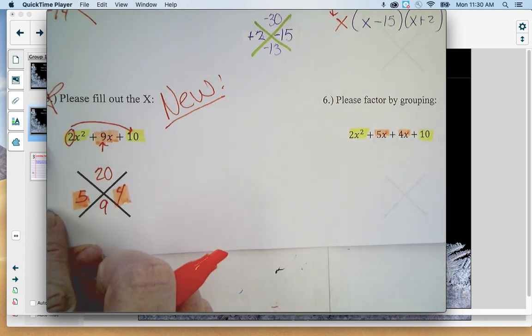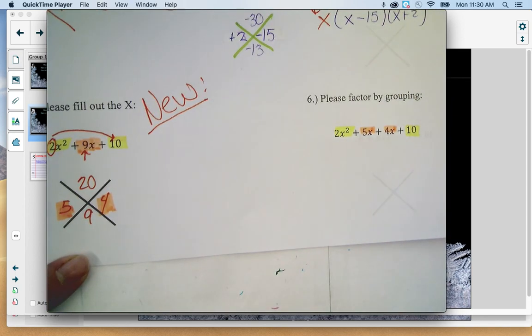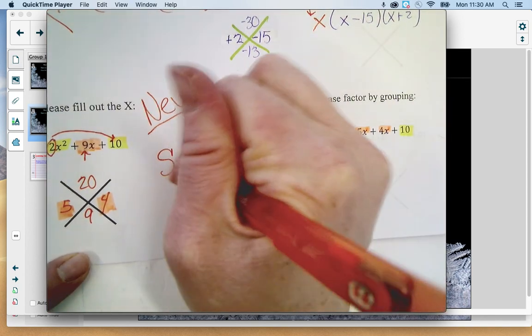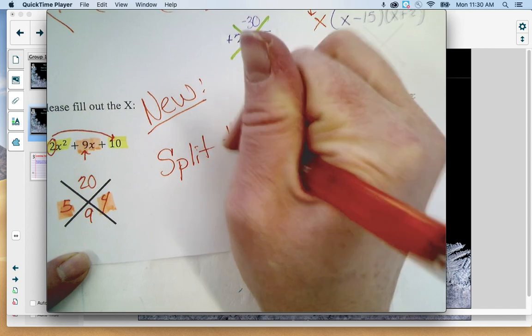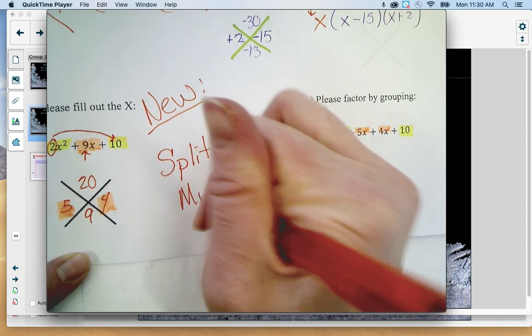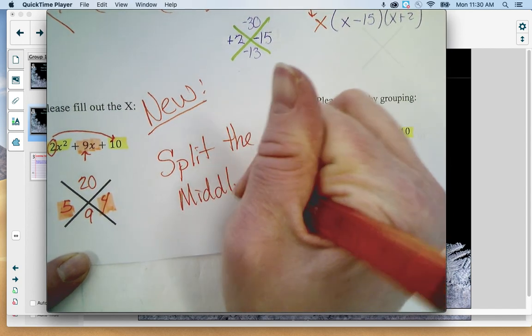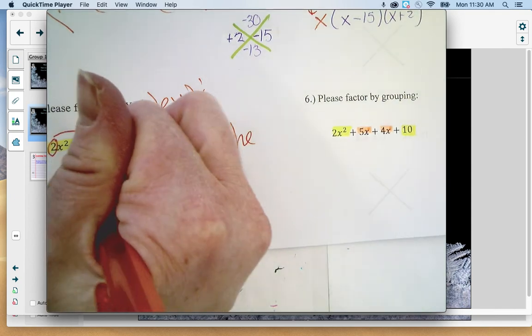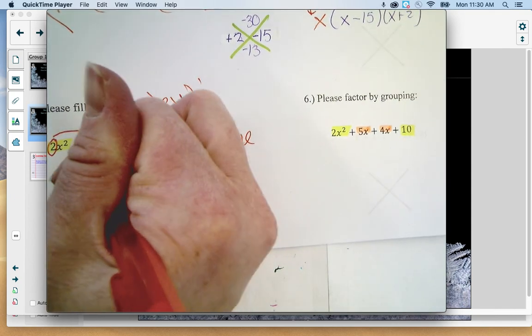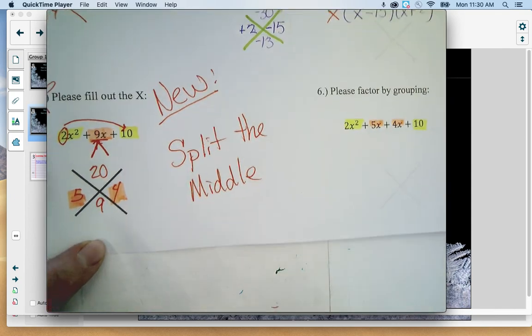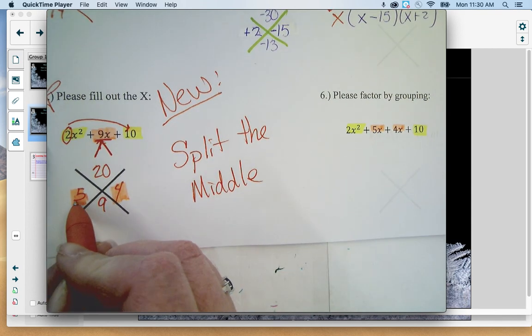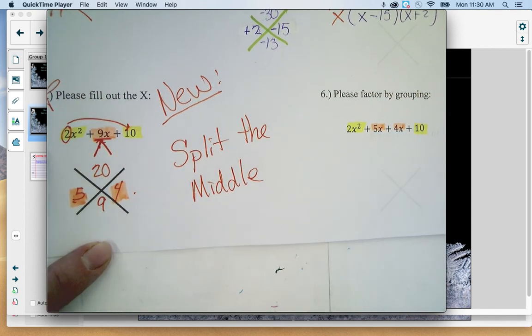So what this X allows me to do is called splitting the middle. You took this middle term and you're going to draw like you're splitting it. We split it into these two numbers.